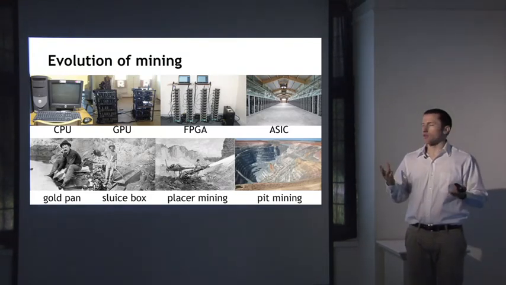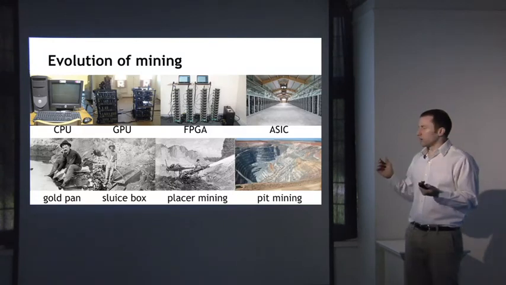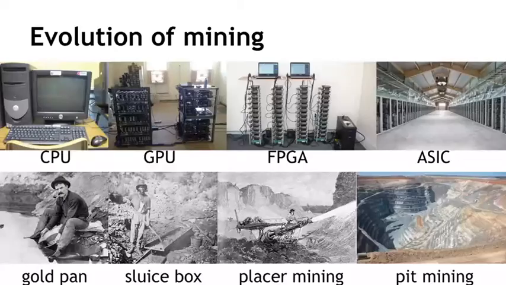So if we zoom out a little bit and we think about the evolution of mining, we can see really interesting parallels between Bitcoin mining and gold mining, or really any other kind of mining, but especially gold mining because it's led to the same kind of gold rush mentality when initially a lot of young amateur folks wanted to get into the business.